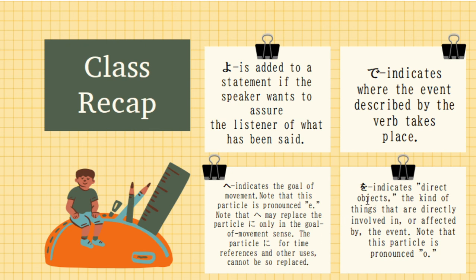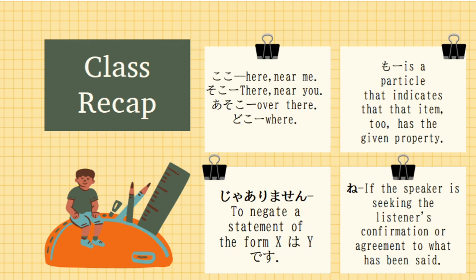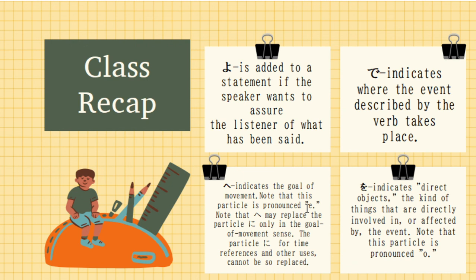The particle o indicates the direct object, the kind of things that are directly involved in or affected by the event. Note that this particle is pronounced as o. And the particle ni is used to indicate the goal of movement, the time, as well as the approximate time. Okay, so that's the end of our discussion. Thank you.